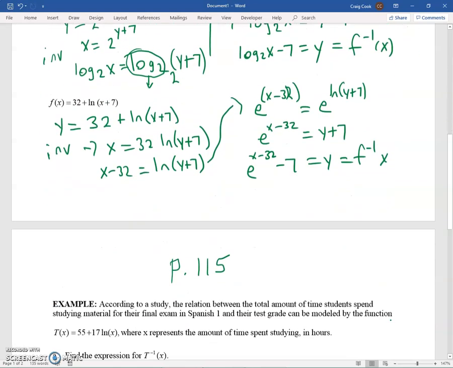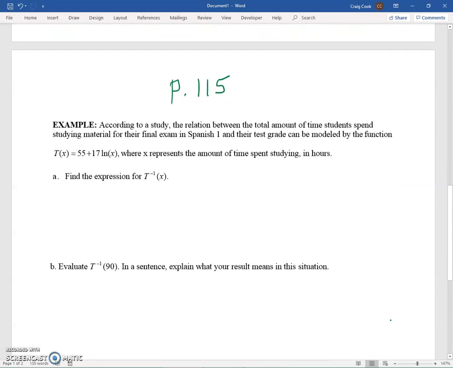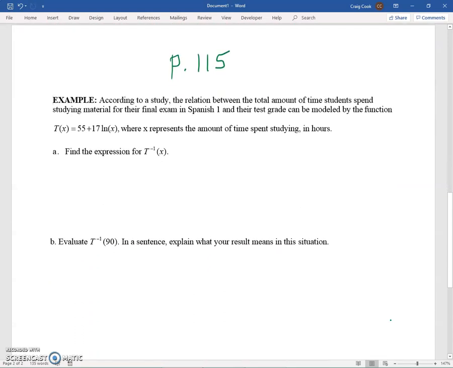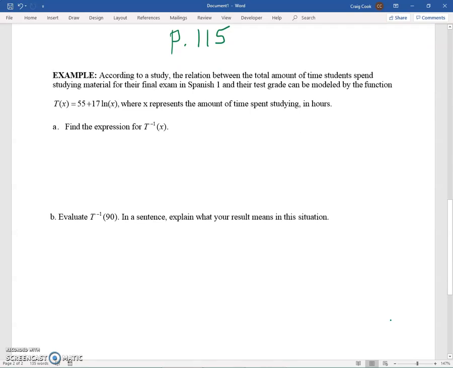Alright, one more example on page 115. According to a study, this equation gives us the relationship between the amount of hours spent studying, and T of x is the score on the exam.